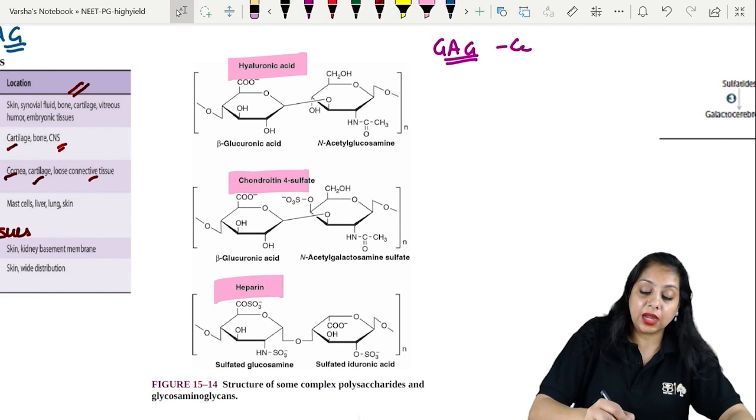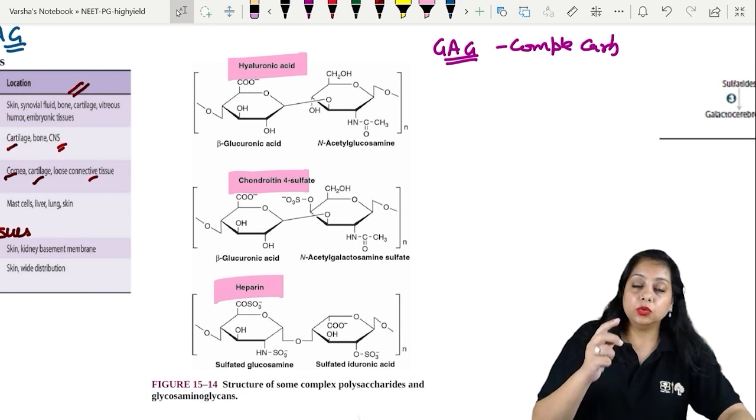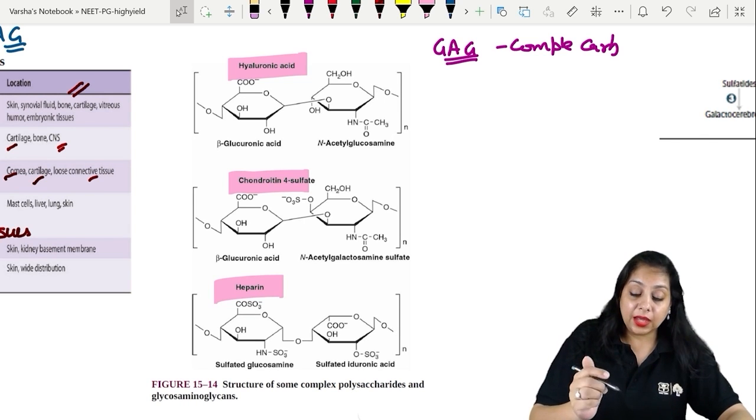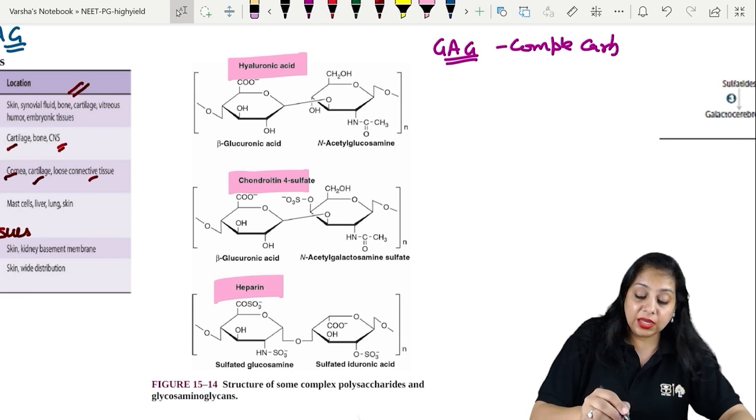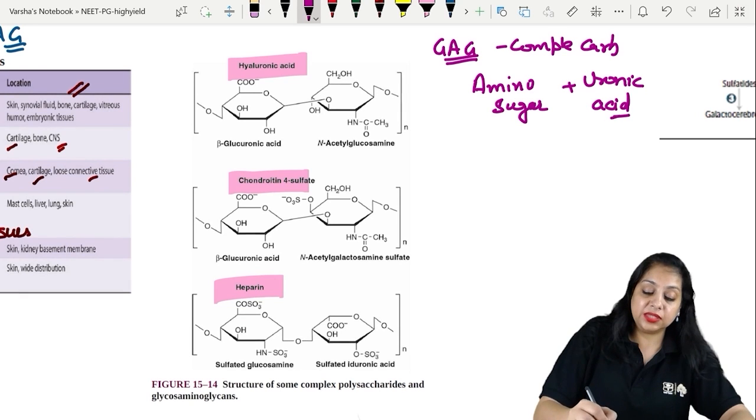GAGs are complex carbohydrates with a repeating disaccharide unit, like the disaccharide is repeated over and over, right? What they have in common is one amino sugar, it can be any kind of amino sugar, with uronic acid, any kind of uronic acid. That is the basic structure.